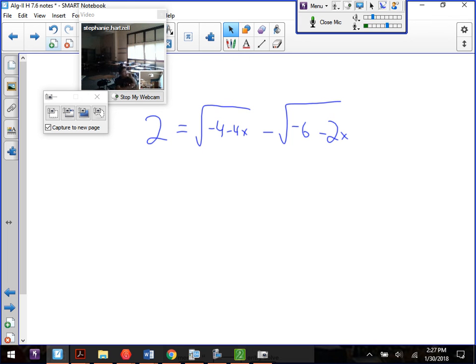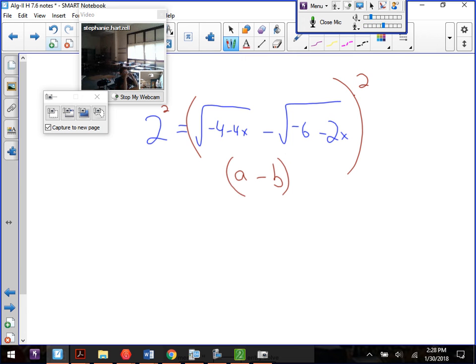And the reason why I say this is the worst case scenario is because when you have two roots on one side, if you square it, in this case, wouldn't I have just a difference of squares? Think of it this way. You guys agree that in your mind you're probably thinking, oh, I should probably just do this. Right? And square that. Now, this is A minus B quantity squared, right?